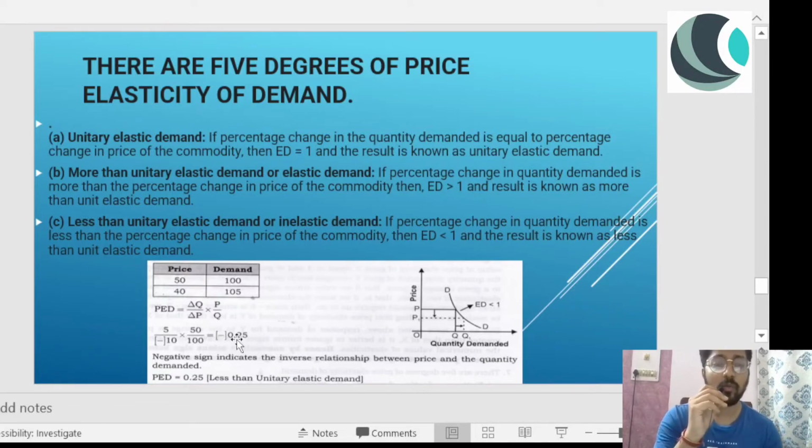So 0.25, and this minus sign is there because the change in price is negative. The negative sign indicates the inverse relationship between price and the quantity demanded: the price is falling and there is an increase in demand.